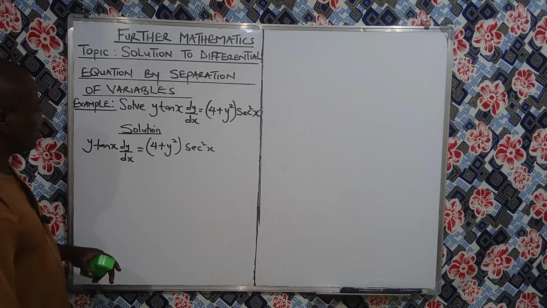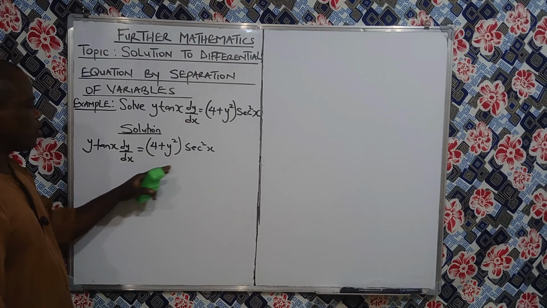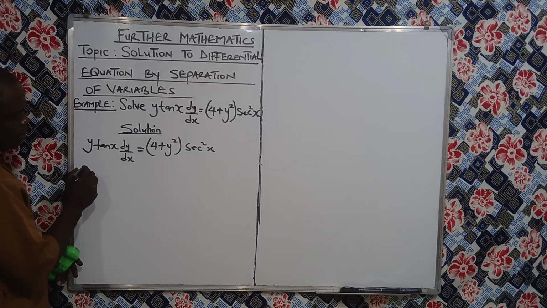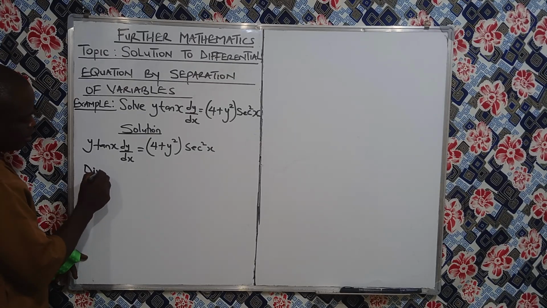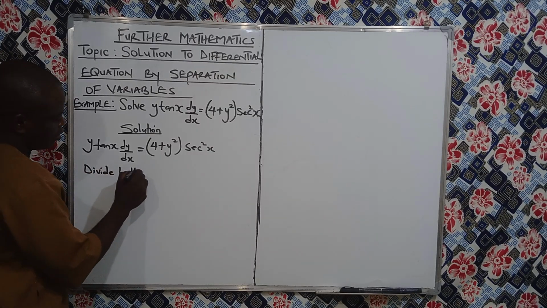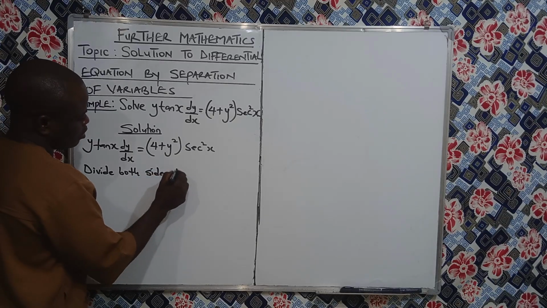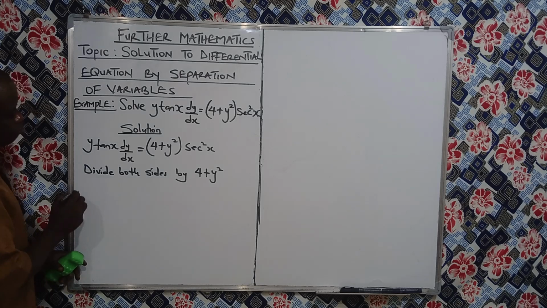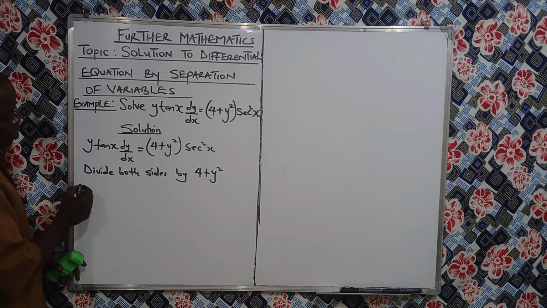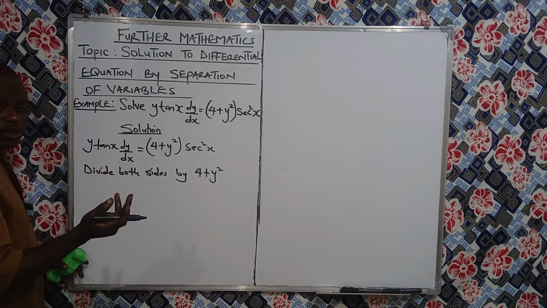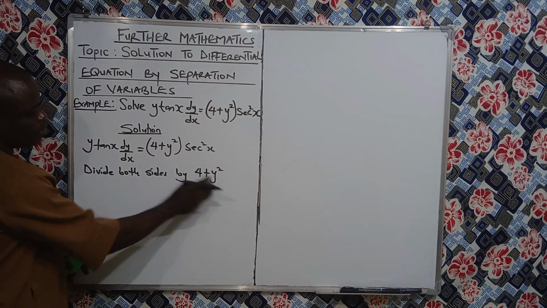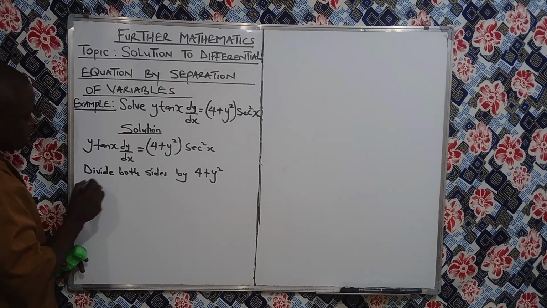If you go to the right hand side, 4 plus y squared comes to the left hand side, so let's just say divide both sides by 4 plus y squared. First, you can divide both sides by tan x, but I want to start my own with divide both sides by 4 plus y squared.